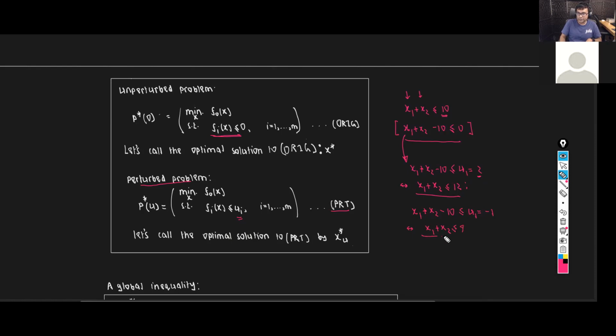In this case, my budget has been tightened. So if ui is positive, it means relaxation: I am given more room to optimize. And if ui is negative, I am given less room to optimize.